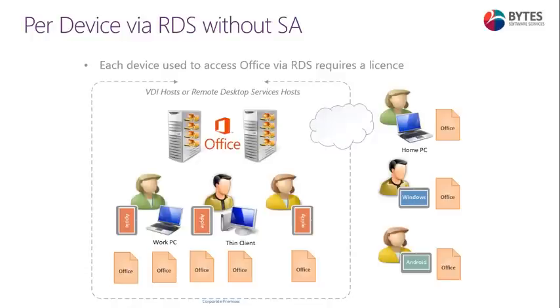As you can see, within the corporate premises, each device that is logging on or using Office on the server, even though it's not physically deployed on the actual client, still requires an Office license to be assigned to each one of those devices. If those users go home and log on to their virtual desktop or the remote desktop session, again, because these licenses don't have software assurance, those devices require an Office license as well.